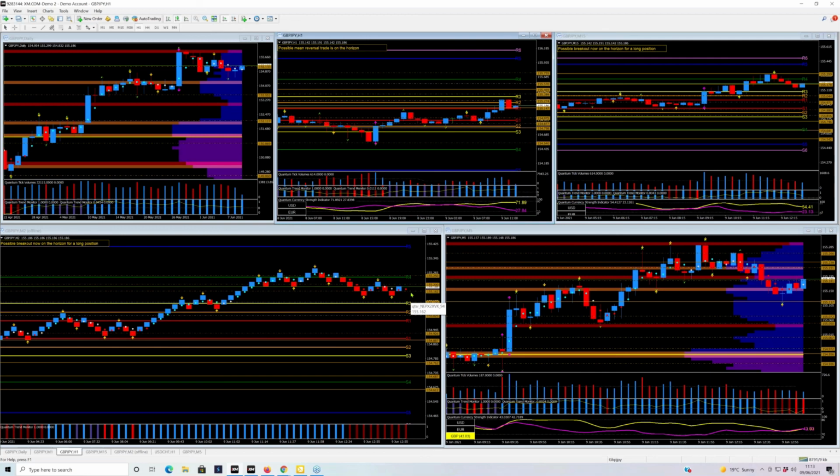People have emailed us asking, well, I want a precise rule set for getting in, staying in, and getting out. Well, I can't give you that, because every chart is unique. And also if you are looking for something like that, you are looking for a robot, you are looking for an EA, you are not a discretionary trader.